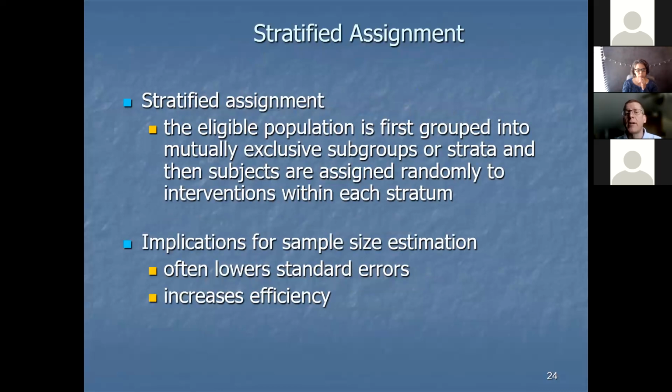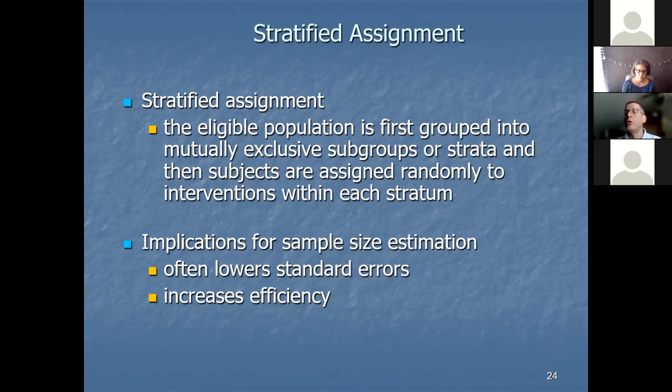If we think about a stratified randomization, typically the reason that we want to do stratification is because we might have strata that are more homogeneous within a stratum. And essentially what that does is that homogeneity is going to help me reduce the variability. So hopefully I'm able to have a lower standard deviation.